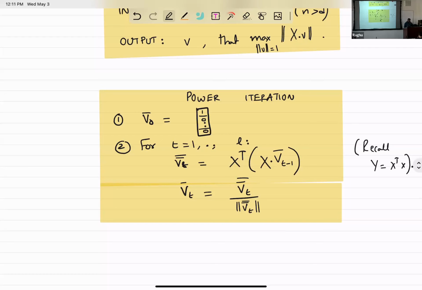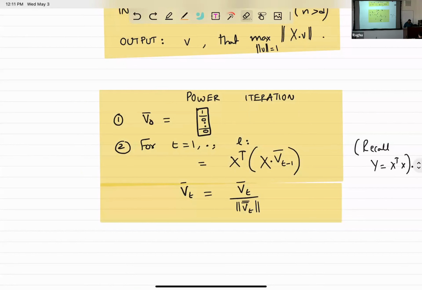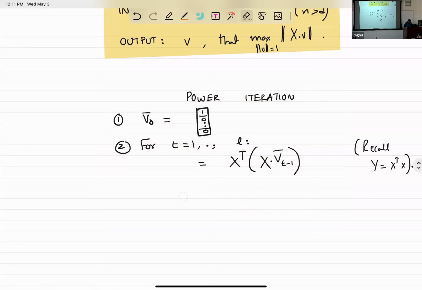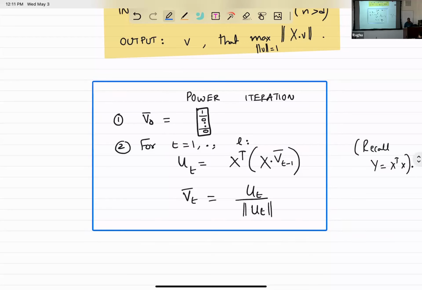Okay. Let me, this thing is getting too annoying. So let me call this vector UT, and VT bar is... Okay.